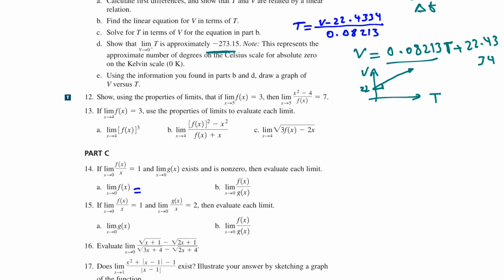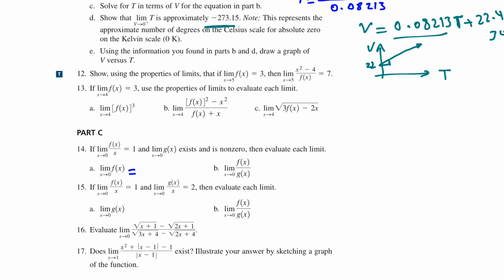Question 12. Use the properties of limits and show that if the limit of f of x as x approaches 5 equals 3, then the limit of (x squared minus 4) divided by f of x as x approaches 5 is 7.